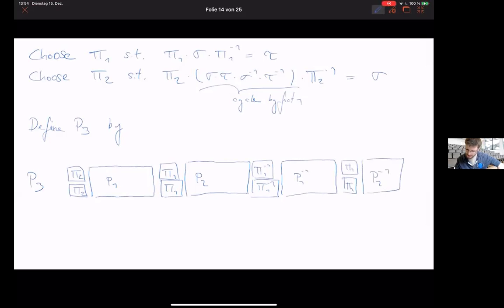I'm running out of space. And now I just have to close with these pi 2 inverses.